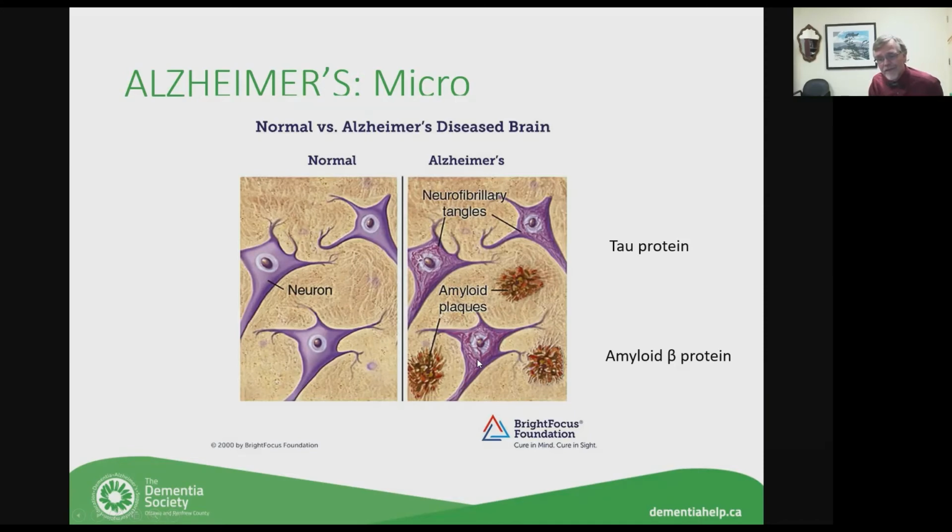Inside the cells, we have this breaking down of the pipes that support the actual structure of the neuron, and that's the tau protein and the neurofibrillary tangles. And then on the outside, you have these collections of amyloid protein that are the plaques. So both of these have to be going on to have a diagnosis of Alzheimer's pathology.